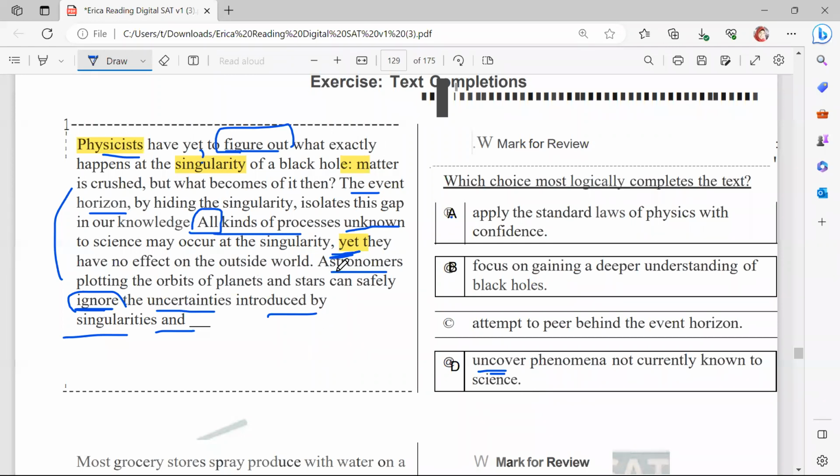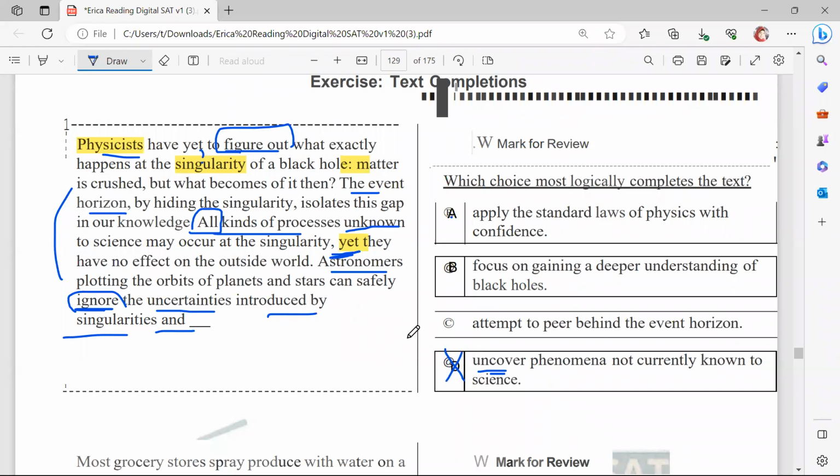I said astronomers can ignore the uncertainties, so they don't have to uncover what is not known. They have simply to ignore what is unknown in science.